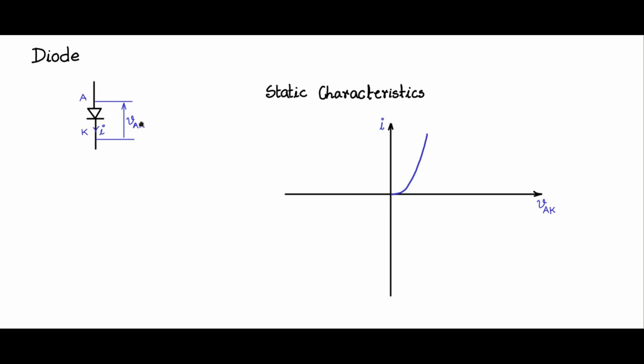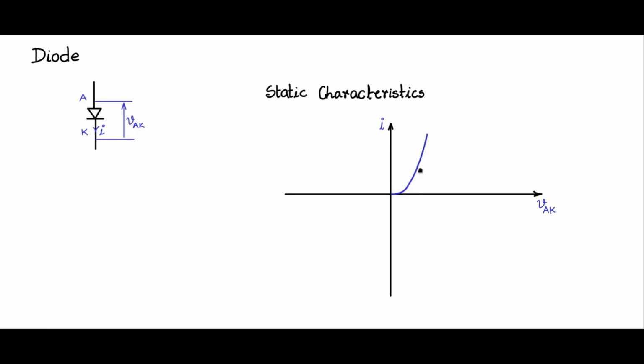When the anode is more positive than cathode, so when VAK is on the right side, you will see a curve like this. It has a small voltage drop here, and then it starts rising up, and the resistance here decreases very much.